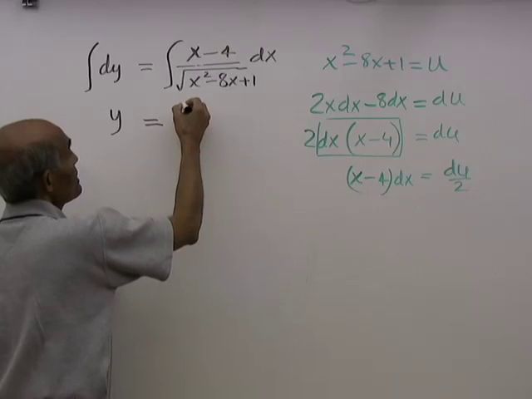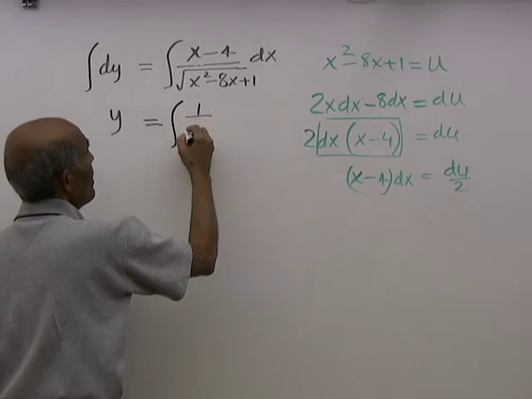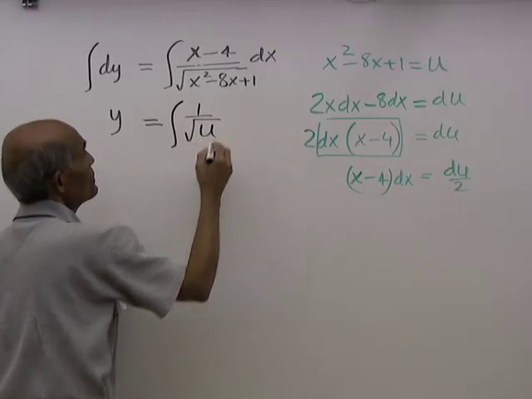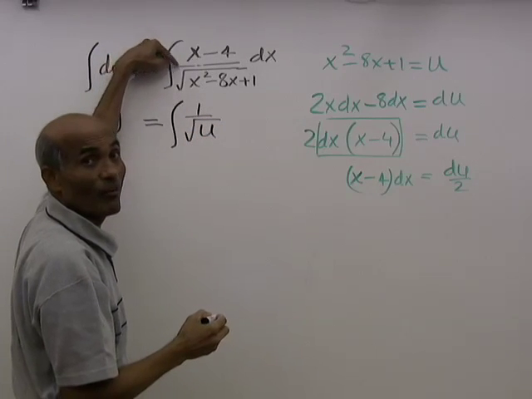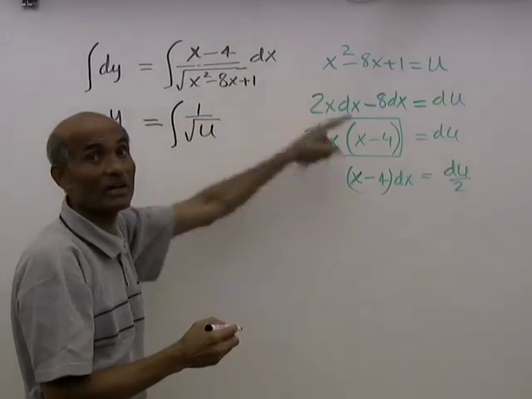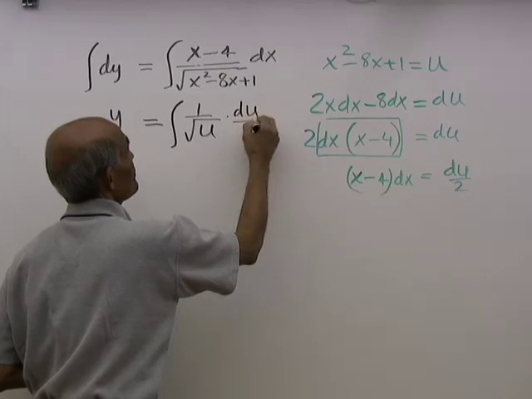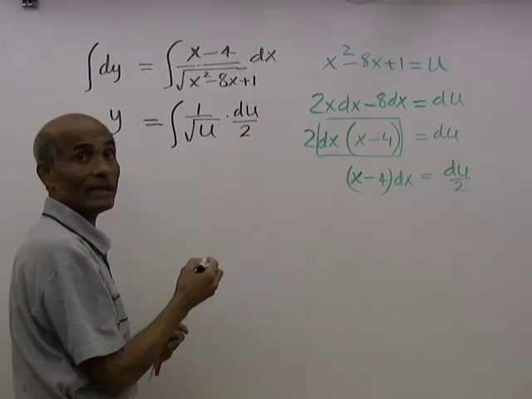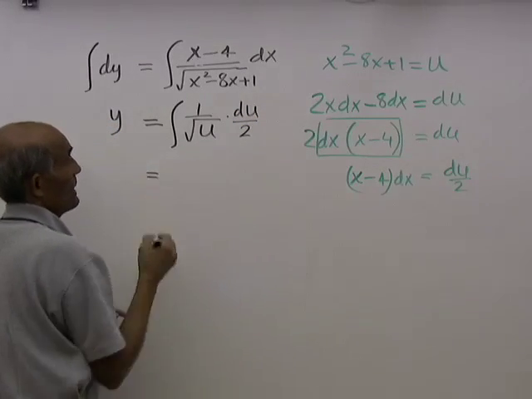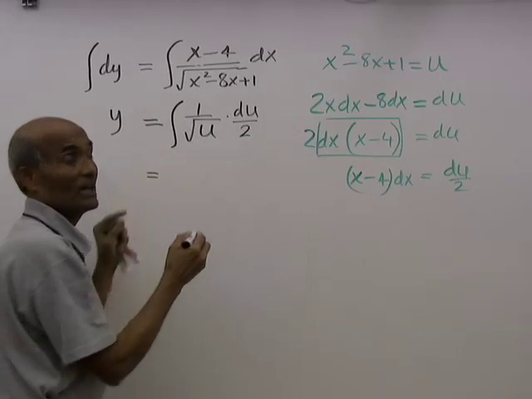And what does our integral now become? Our integral now becomes 1 over square root u, isn't it? 1 over square root u, and this quantity is now du over 2. That's right. Now, the 2 in the denominator will come out as usual.